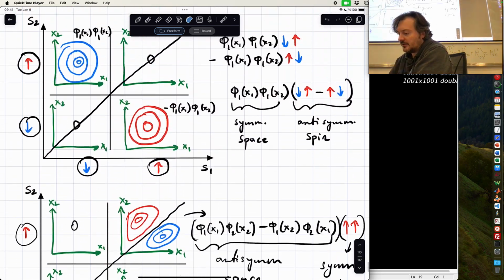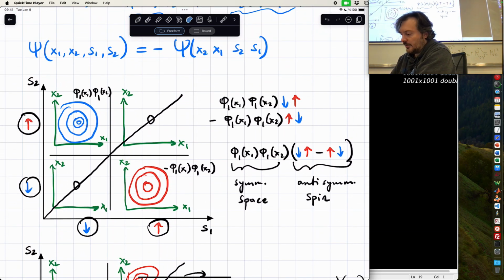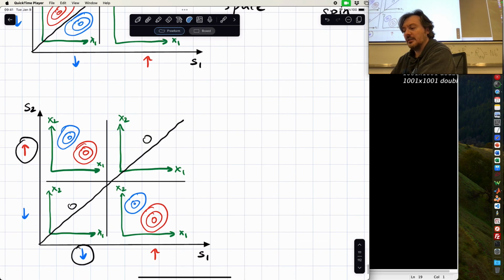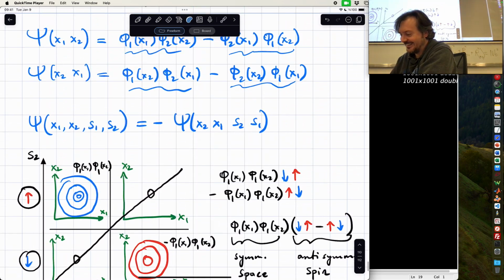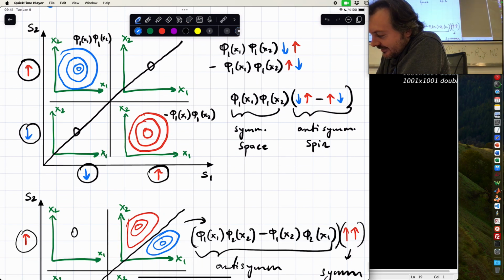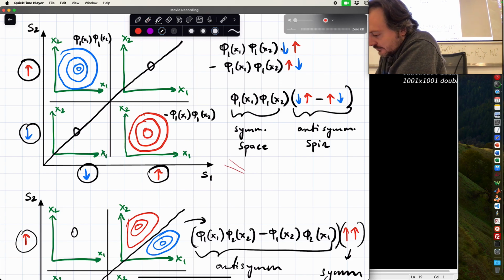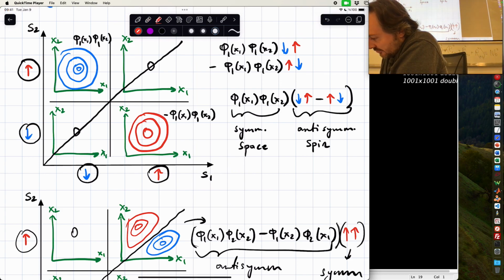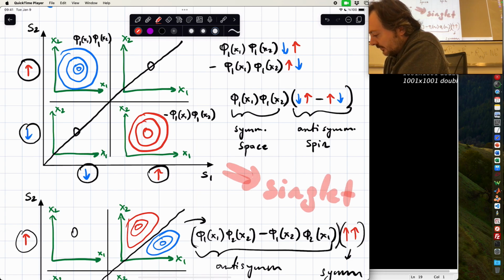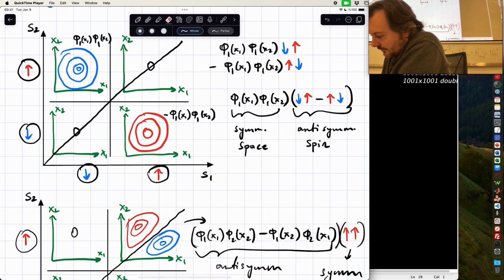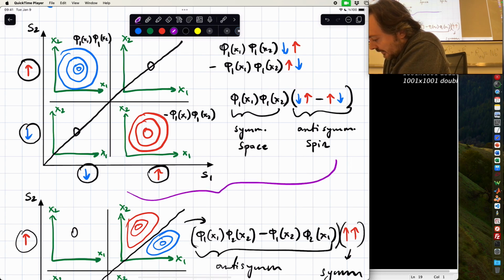As you can see, there is only one state with anti-symmetric spin, while there are 3 states with symmetric spin. Do you know how they are called? Okay, let me tell you. This whole thing is called a singlet state.